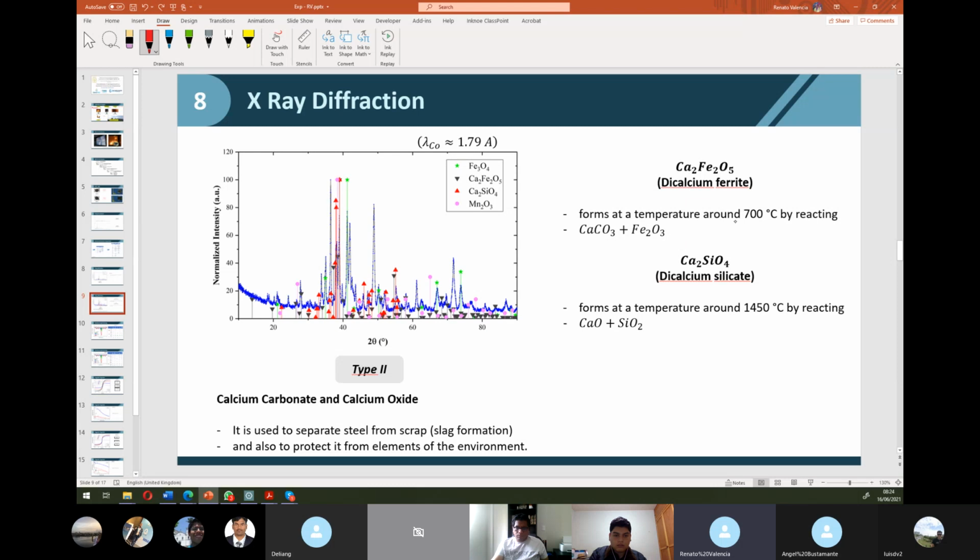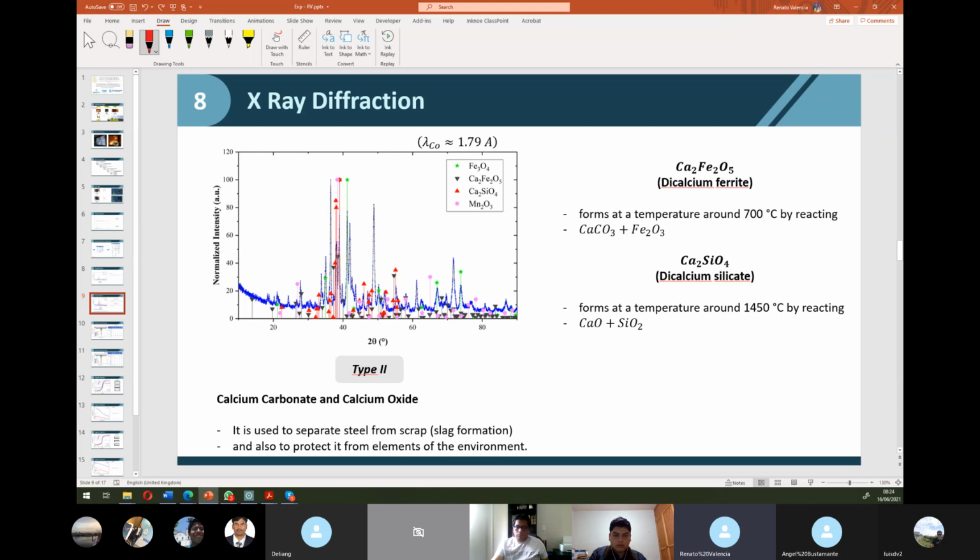And the calcium silicate forms at temperatures around 1415 degrees Celsius by reacting calcium oxide plus quartz. And this is about X-ray diffraction.